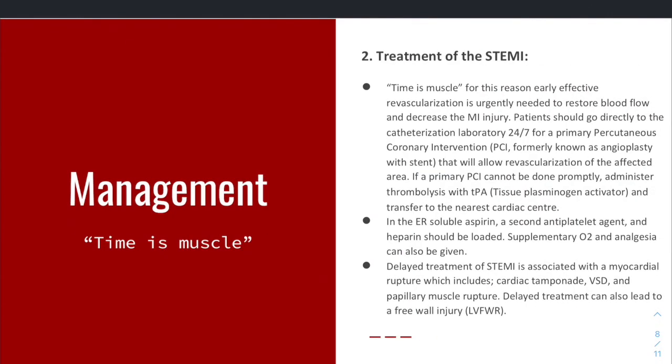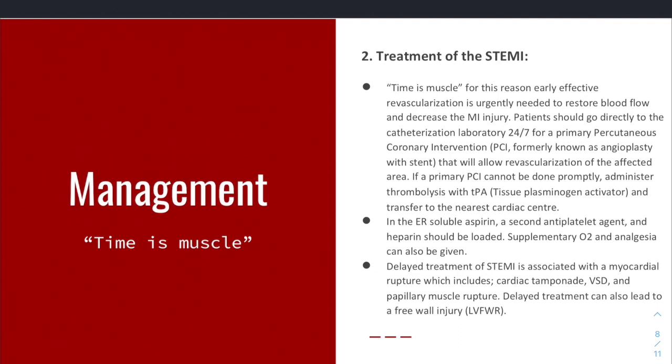Again, we said that STEMI can be an antecedent, so the concept of time is muscle is really big. So delayed presentation to emergency with a STEMI leaves risk for many different complications, in which ventricular free wall rupture and cardiac tamponade are just some. So that's just something to keep in mind.